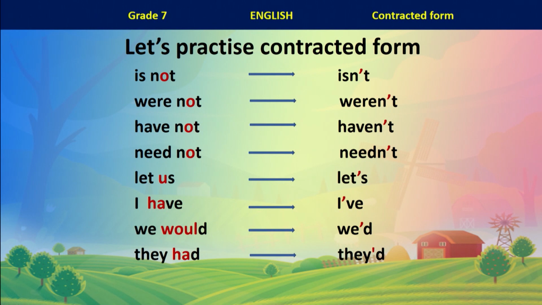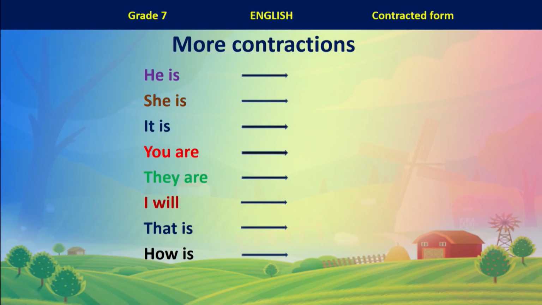Thank you, Miss. There are some more for us to practice. I will read the set of words and Miss Samadhi will read you the answers. Okay. Right. Let's start. He is, he's. She is, she's. It is, it's. You are, you're. They are, they're.